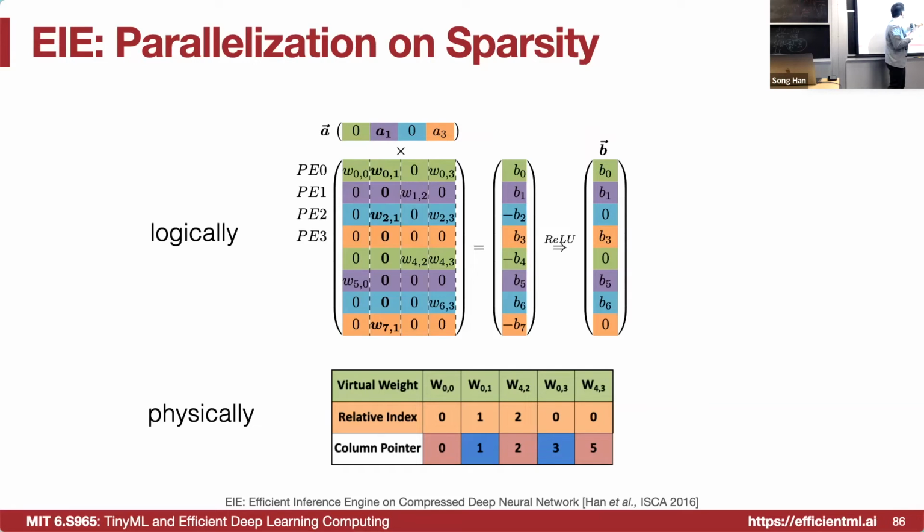Okay, for W42, we have two zeros in between W01 and W42, so we have number 2. And then W03 is immediately after W42, therefore we have 0. So this is showing the relative index, the gap between the previous non-zero and the current non-zero. Why do we use such a relative index rather than the absolute index?